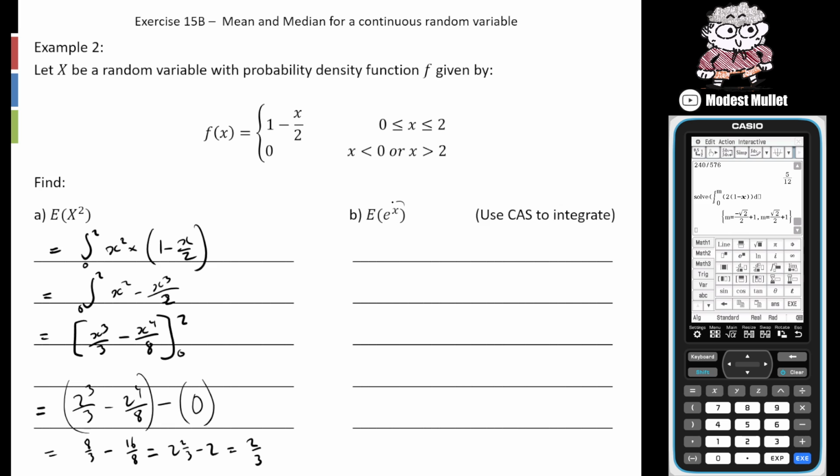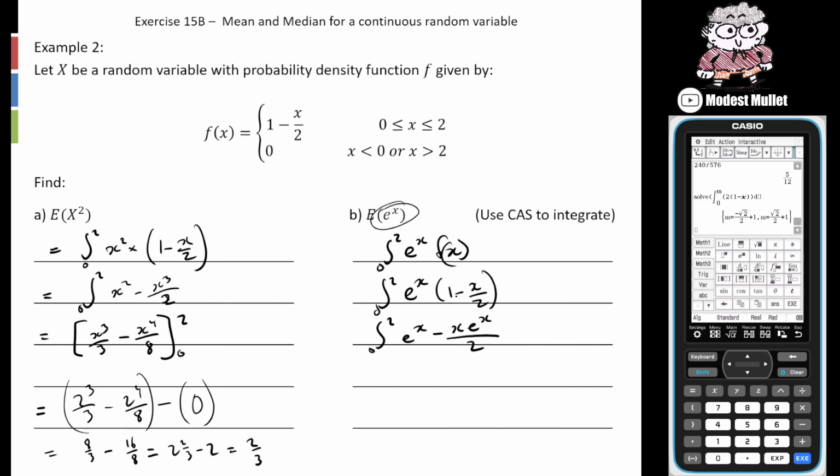Now, expected value of e to the x. That means we have to find the integral of 0 to 2 of e to the x times f of x, which is the integral from 0 to 2 of e to the x times 1 minus x on 2, which if we try to simplify is going to become e to the x minus x e to the x on 2.